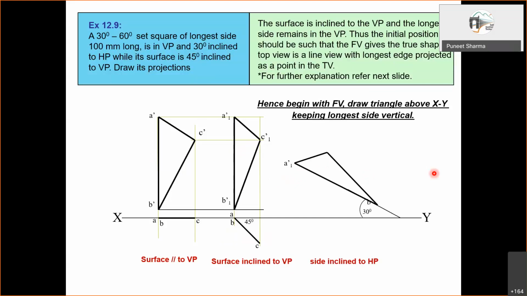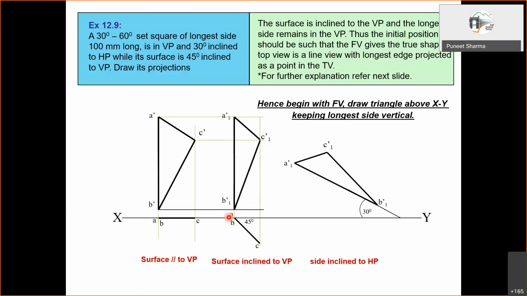When you do this, this will amount to rotating this front view. This front view is rotated here in the third step, and that will mean the inclination of the plane figure with the vertical plane remains the same, only its orientation is changing, right? So what will happen with this transformation?